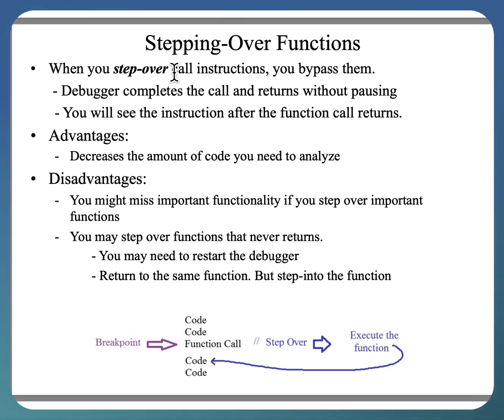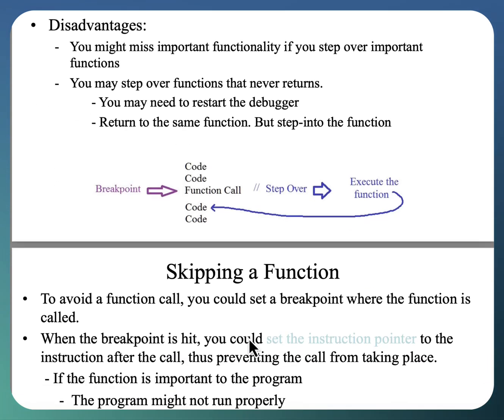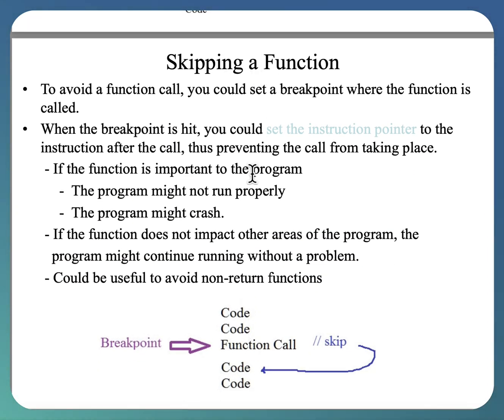Stepping over a function is different from skipping the function, because when you step over a function, you are not going to enter the lines of code that compose that function, but you are going to get the values, the result of that function. Whereas when you skip a function, the function is simply skipped, which means that the code will jump from here to here as if that function didn't exist.